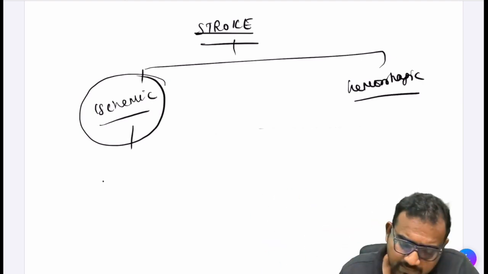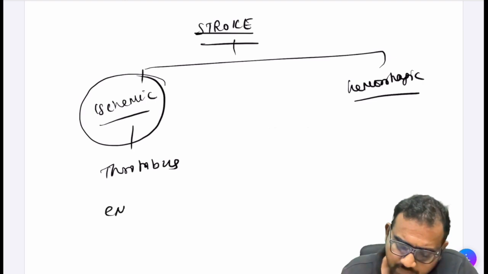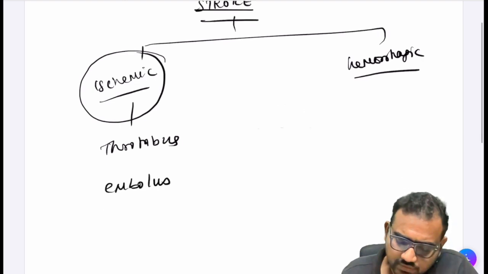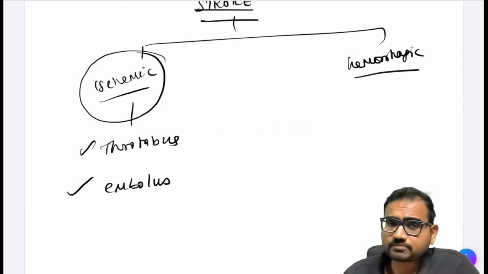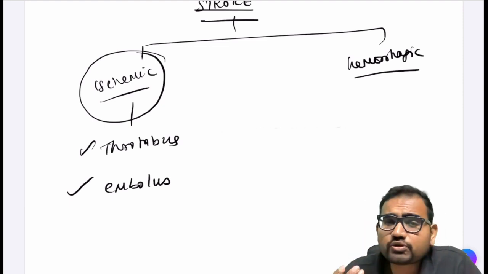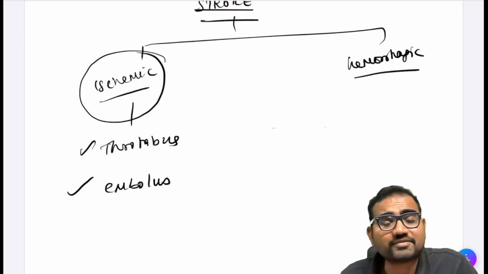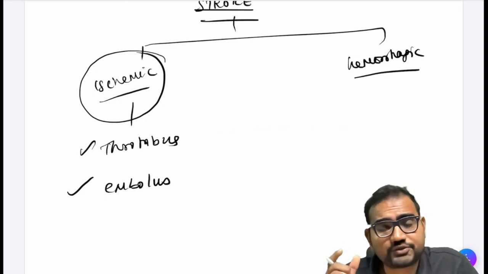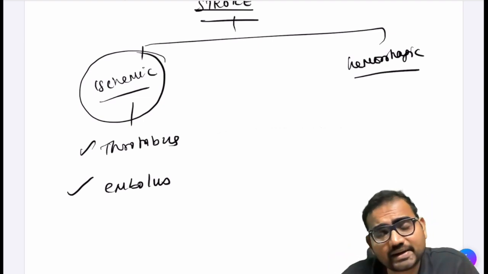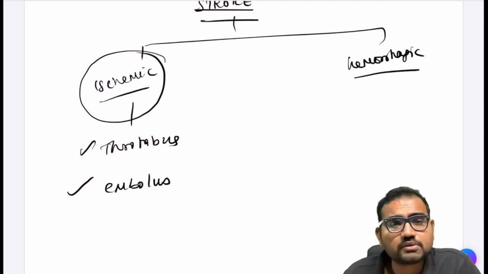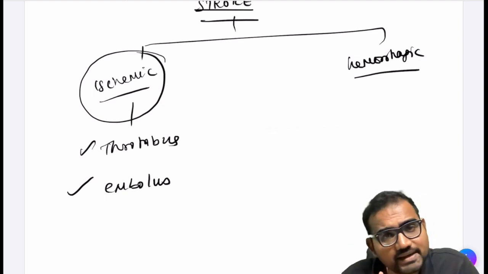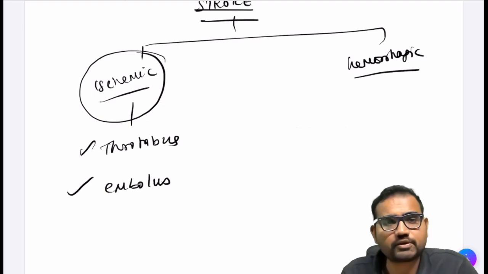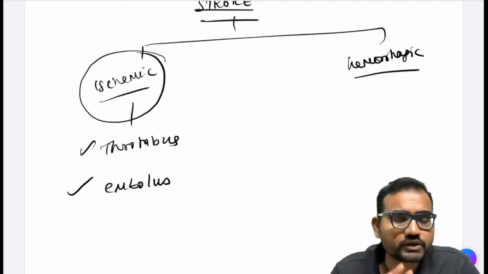This can be because of a thrombus or embolus. Thrombus means there is atherosclerotic plaque formation in a vessel of the brain. Any artery or vessel supplying the brain that is affected by atherosclerotic plaque results in insufficient blood supply to a particular area of the brain, which results in death of the brain cells.